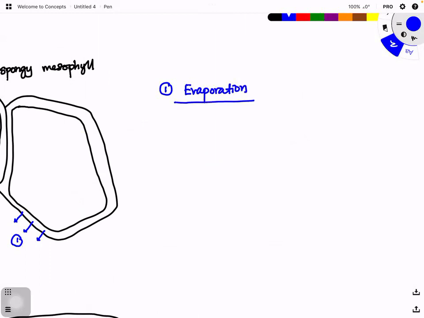So what actually happens during this evaporation process? The liquid water molecule evaporates from where? From the cell wall of the mesophyll cell.